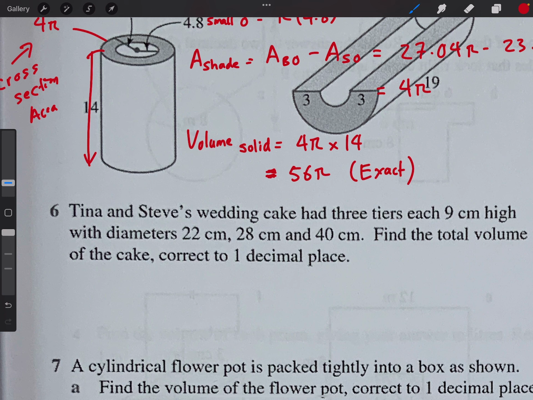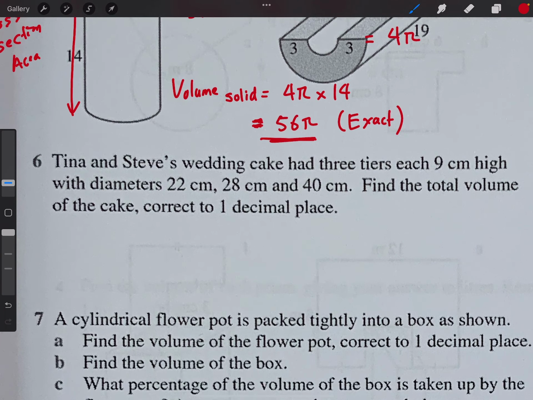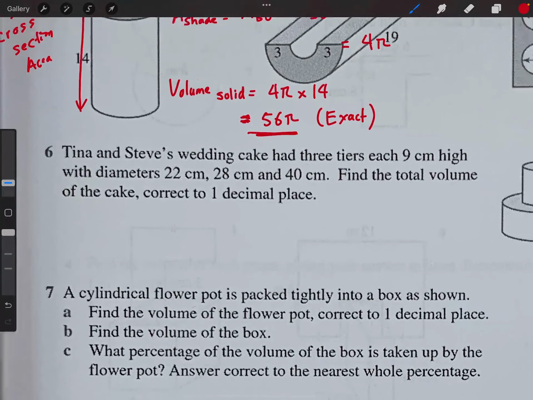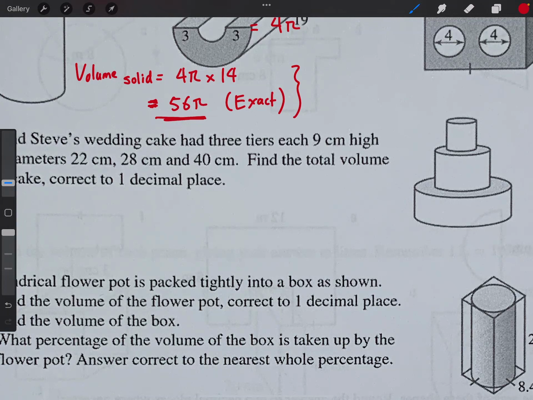If the question asks you to find the exact answer, you leave it like 56 pi. Once you multiply by pi, it's no longer exact, because pi is an irrational number. So when you multiply, you do 56 times pi and you're going to get 175.93 to 2 decimal places.